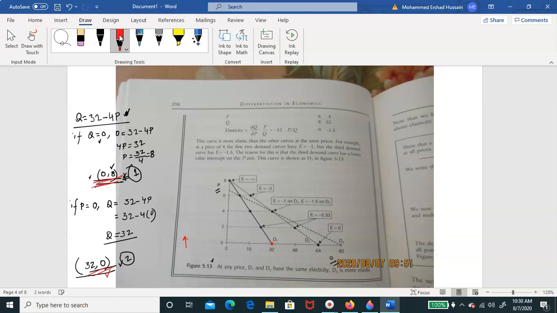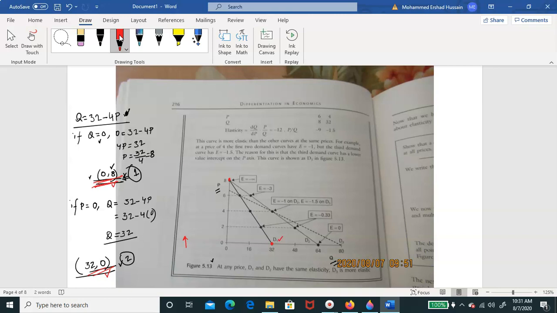On the other hand, Q is 0 means the horizontal coordinate is 0, so point 1 will be somewhere on the vertical axis at P equal to 8, this one.